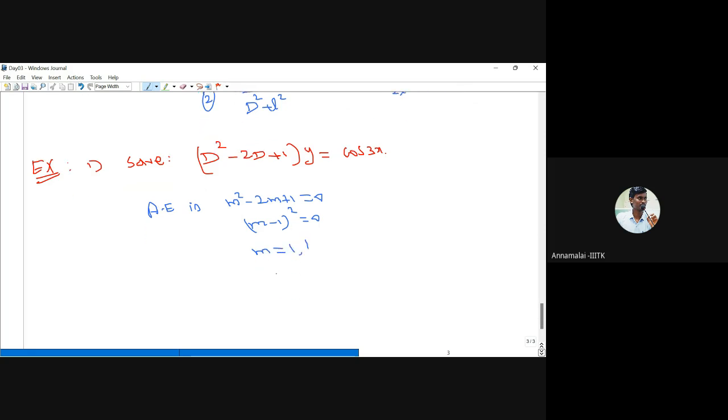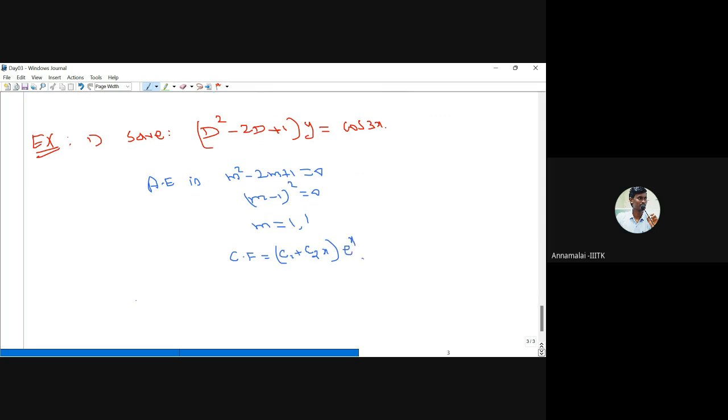Since the roots are real and equal, the complementary function is c1 plus c2 times x, times e power x. This is the complementary function. Now what is f of d square? The given function is d square minus 2d plus 1.